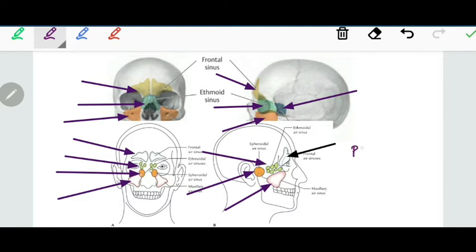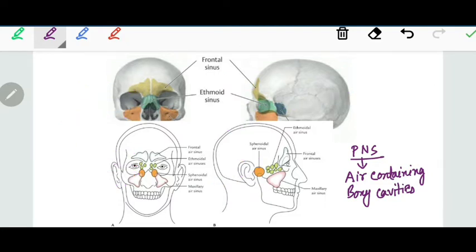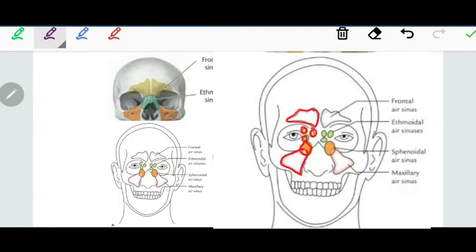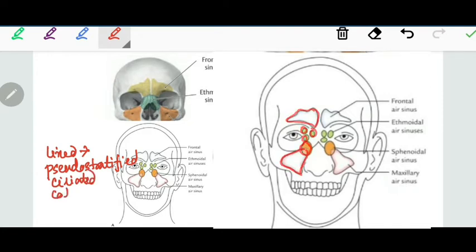So, paranasal sinus, PNS, they are basically air containing bony cavities surrounding the nasal cavity, and they are lined by the pseudostratified ciliated columnar epithelium.